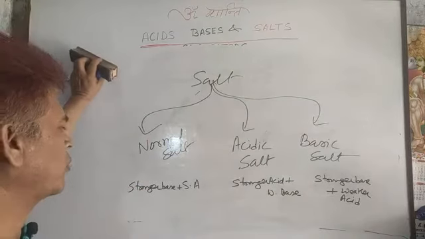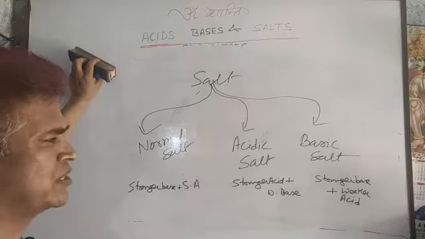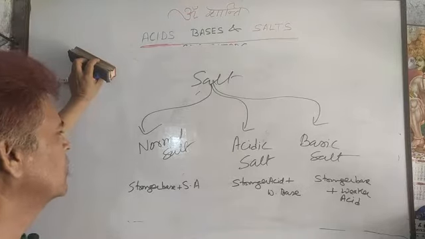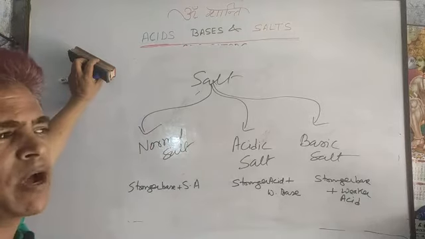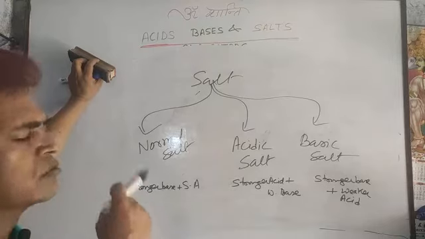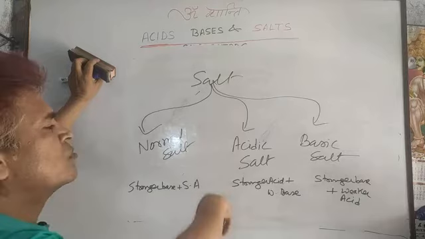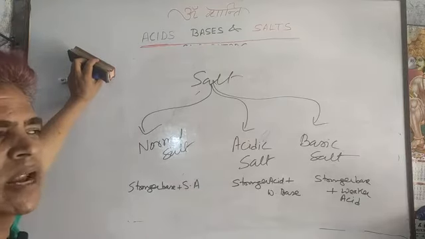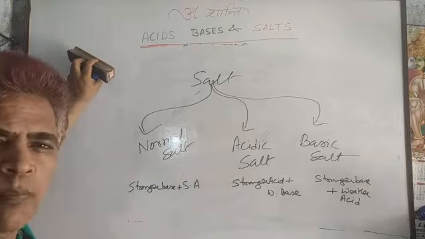So, in this way you can write several examples of normal salt, acidic salt and basic salt. If you recall three examples of stronger acid and three examples of weaker acid, so 6 example acids, and suppose you recall the 3 stronger bases and 3 weaker bases, again 6 examples of base.